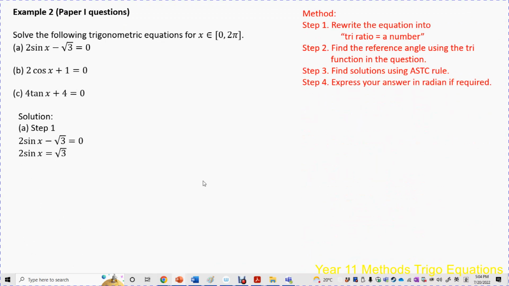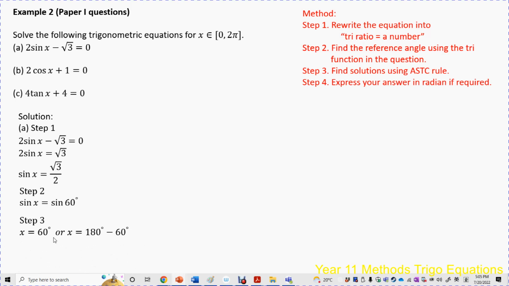Just to show you very quickly for part A, sine x equals square root 3 over 2. If you draw the proper triangle, square root 3 over 2 should have a reference angle of 60 degrees. And we know you need to have 60 degrees in the first quadrant and second quadrant, because this time sine is positive. So these will be the 2 angles.